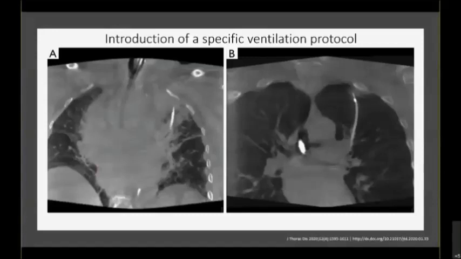And this is one of my patients, and this is something that will really drive home the point when we're talking about CT to body divergence and changes in the lung after intubation. This is actually two different patients, and this is taking into account specific ventilation protocols to help mitigate the issues associated with CT to body divergence.